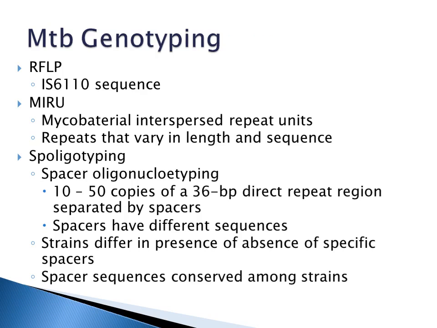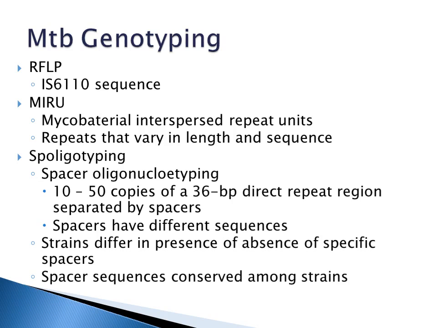So we already said the RFLP is based on the insertion sequence 6110. There are other genotyping methods for Mycobacterium tuberculosis, such as MIRU, which is Mycobacterial interspersed repeat units, and these are repeats that vary in their length and their sequence. There's also Spoligotyping, which is the nickname for spacer oligonucleotyping.